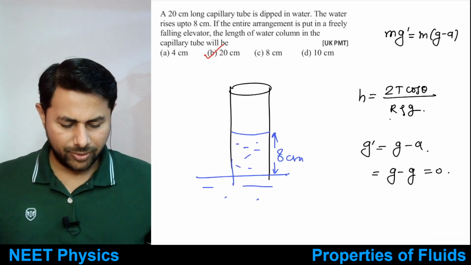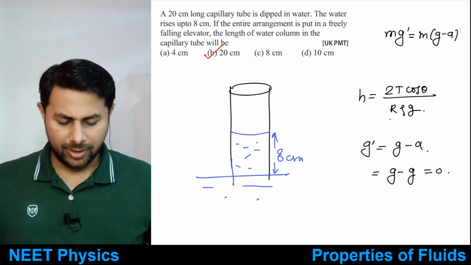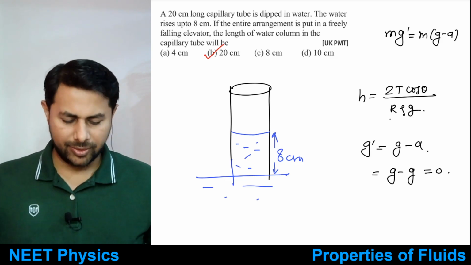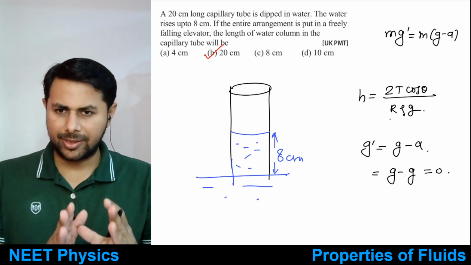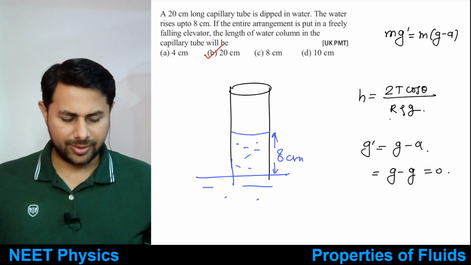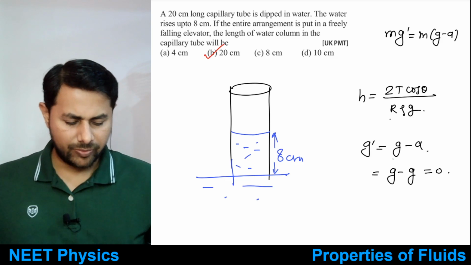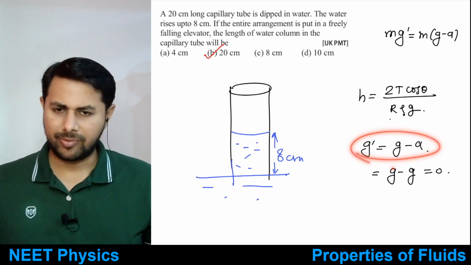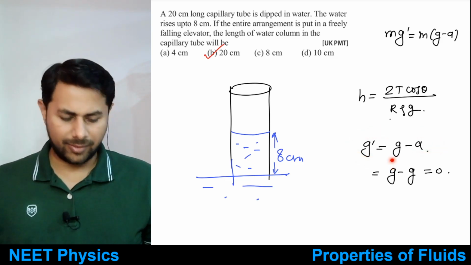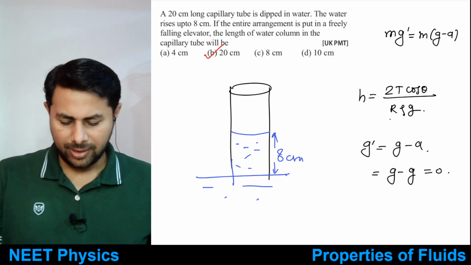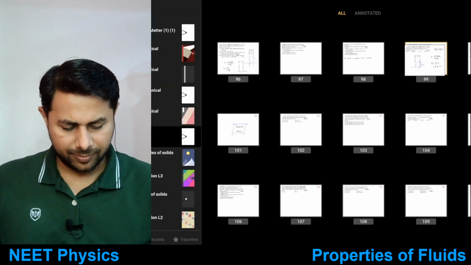All right, so you have this capillary tube, and now it is freely falling. So you have a capillary tube which is freely falling. Do you remember this formula for g prime, the value of acceleration due to gravity felt by an observer who is freely falling?